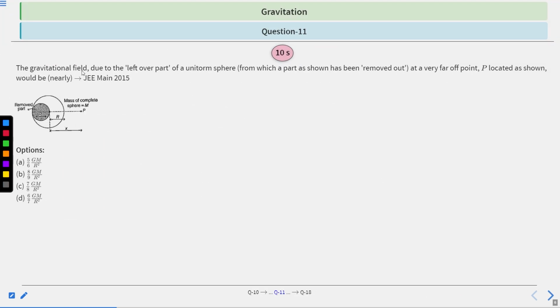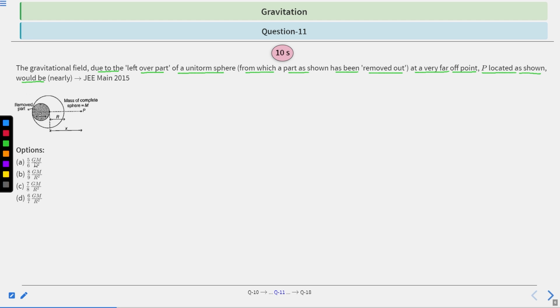The gravitational field due to the leftover part of a uniform sphere, from which a part as shown has been removed, at a very far off point P located as shown, would be? This is the figure and these are the given options.